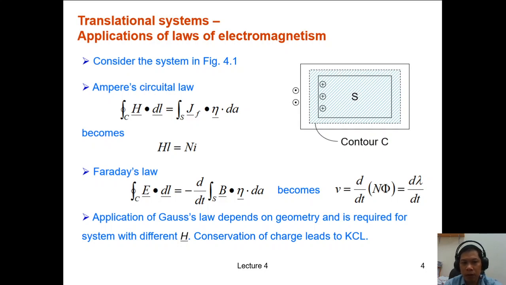When we apply the Faraday law, the left hand side is the total induced voltage in this loop, and on the right hand side it will be d lambda by dt, where lambda is the flux linkage. I will show you later the application of Gauss law. It depends on the specific geometry. And the force equation will lead to the KCL that you already know. So we mentioned Ohm's law equation in the Maxwell equations system.